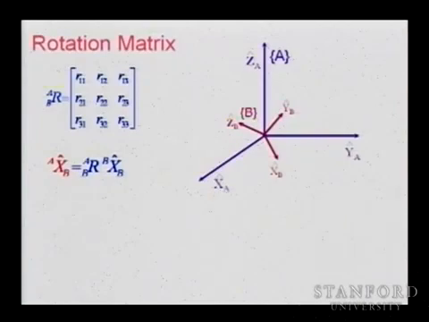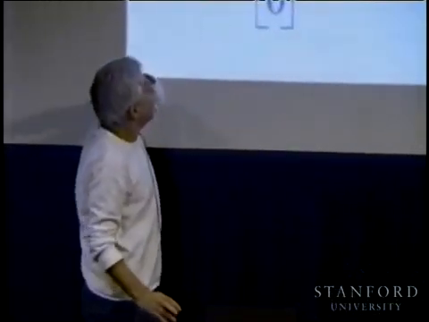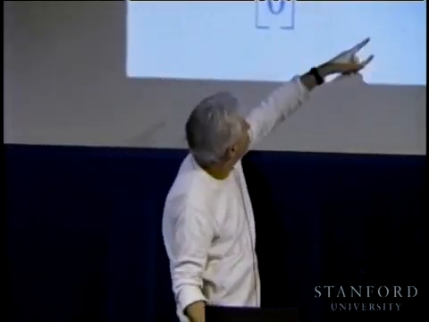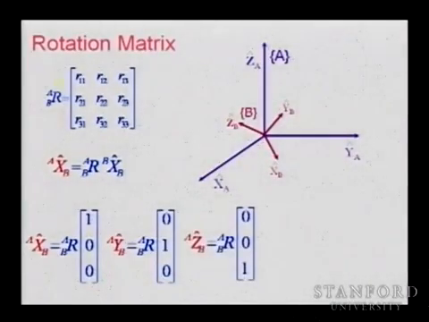What is xb in B? 1, 0, 0. The x vector in its own frame has one unit along the x direction, so it's 1, 0, 0. What about y? It is the same thing, 0, 1, 0, right? About z, 0, 0, 1. These are the unit vectors x, y, z in their own frame, right? And now, using the rotation matrix, we have their components in the A frame.